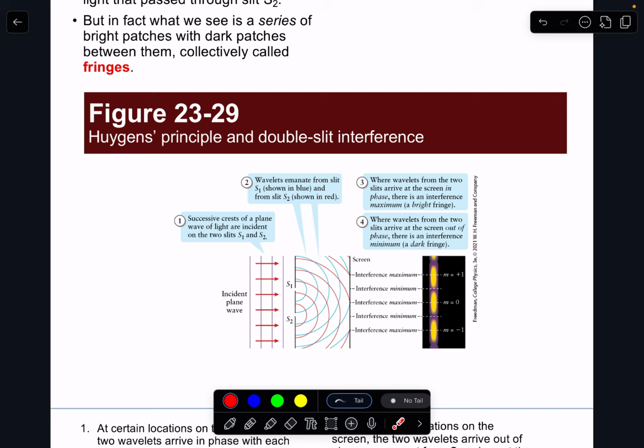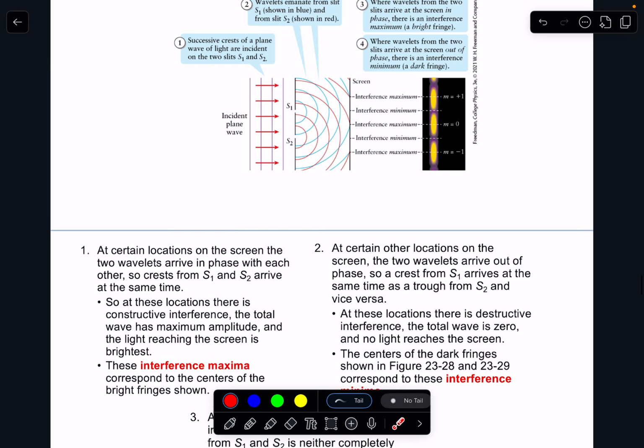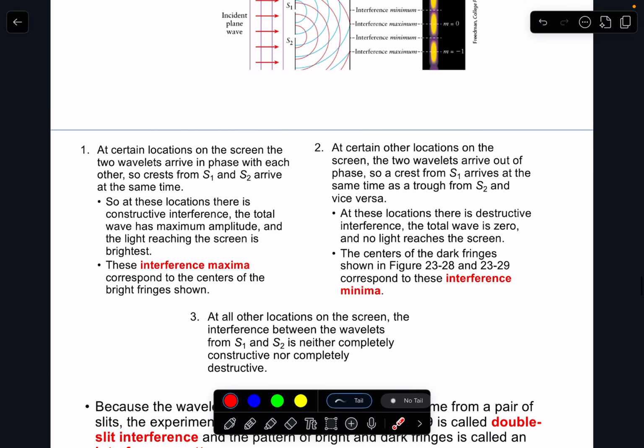Where the green, the blue and the red meet, that will give us constructive interference here: maximum, maximum, maximum. And where they don't line up, you're going to get your minimums, your dark fringes. So at certain locations on the screen you'll get interference maxima, and in certain locations you'll get interference minima, and anywhere else is just going to be a mixture of the two, not super bright, not super dark.